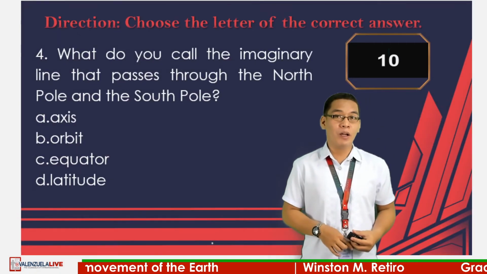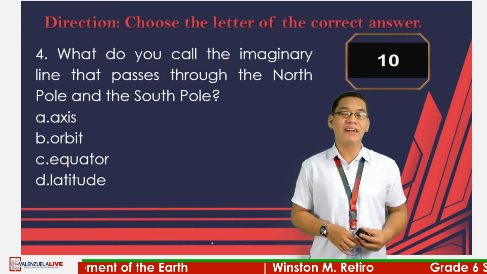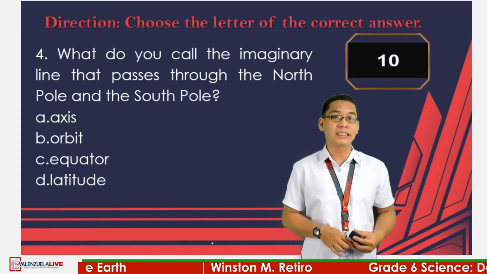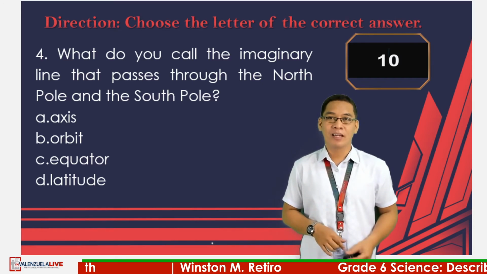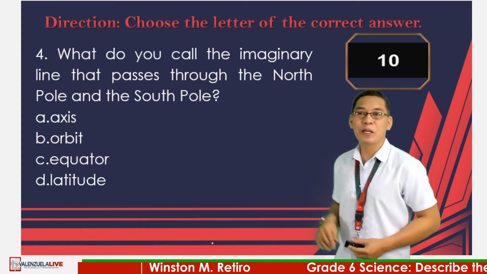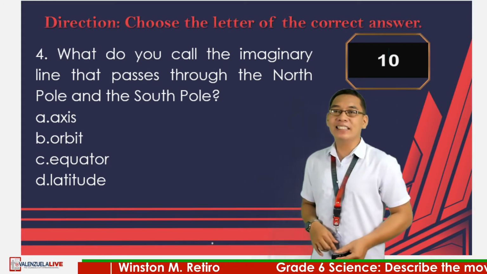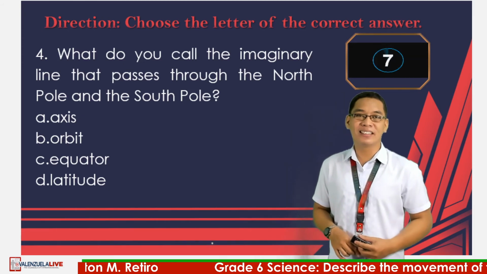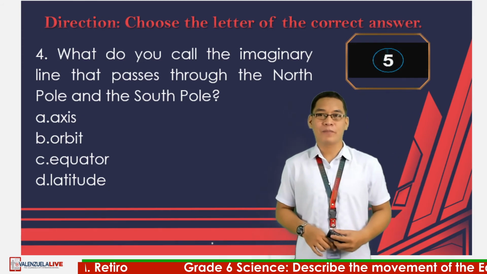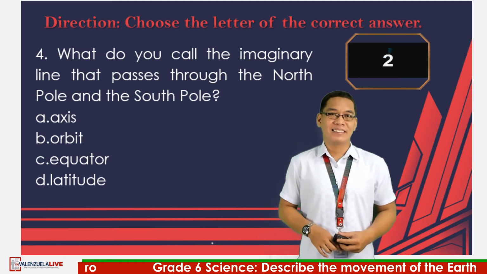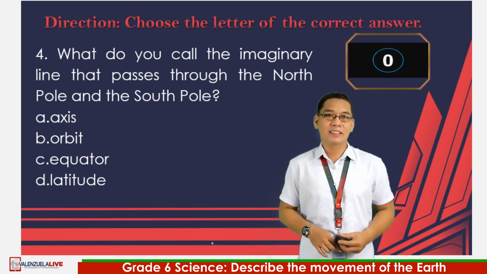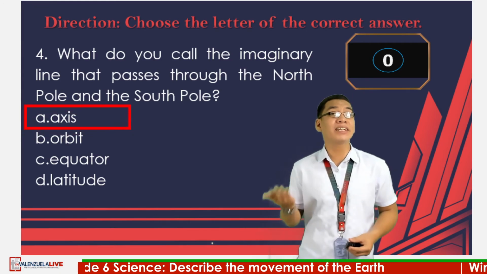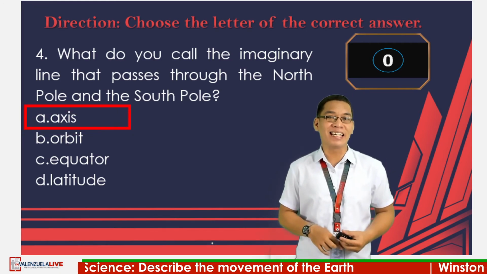Number 4, what do you call the imaginary line that passes through the North Pole and the South Pole? Is it A, axis, B, orbit, C, equator, or D, latitude? The answer is letter A, axis.